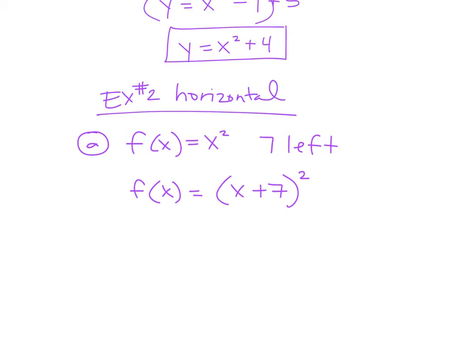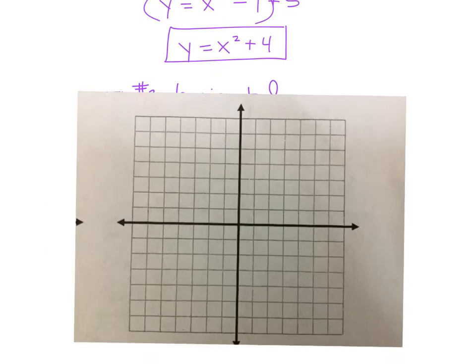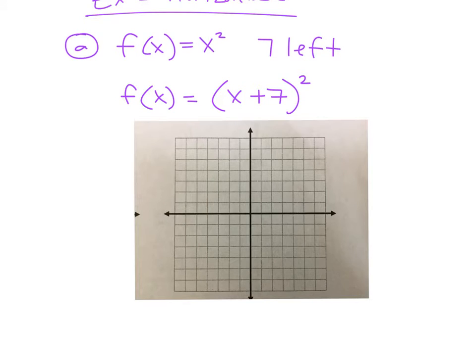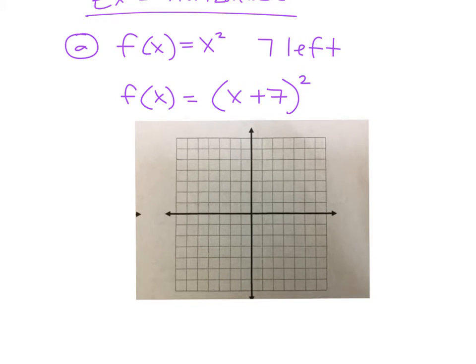So if I were to plot that, my parent function, and just sketch graphs for this, that's totally fine. You can just sketch them. My parent function is this, 0, 0, and notice, the parent function never changes. It's always the same. 0, 0, 1, 1, negative 1, 1, right?